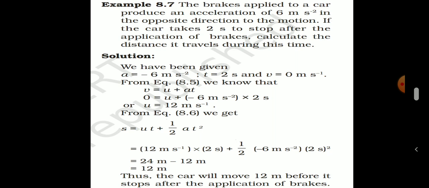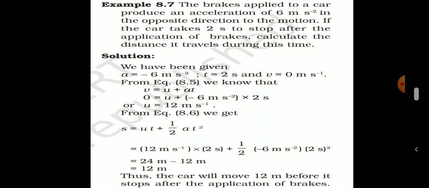Now we got the initial velocity, we know the final velocity, the acceleration and the time, so we can find out the distance. Use the equation which gives the relationship between the initial velocity, time, acceleration and the distance.